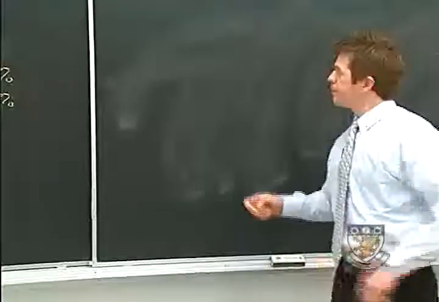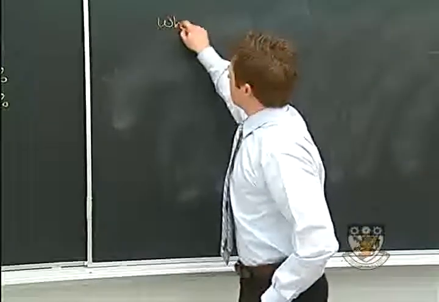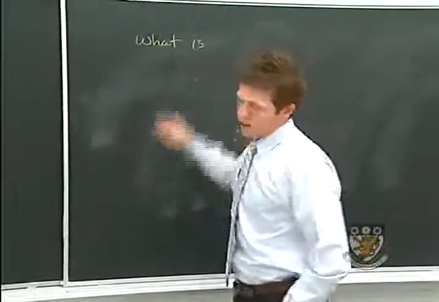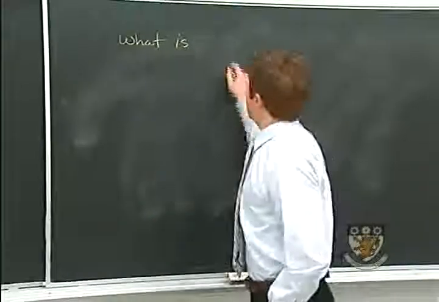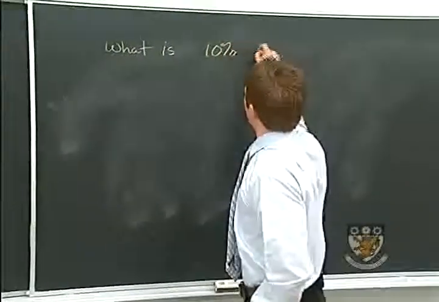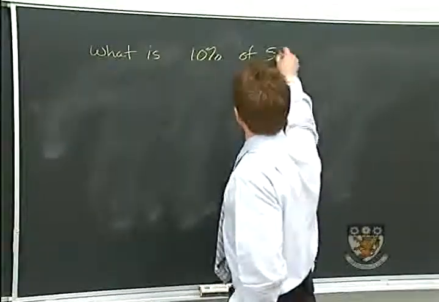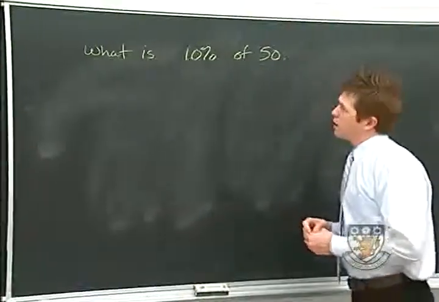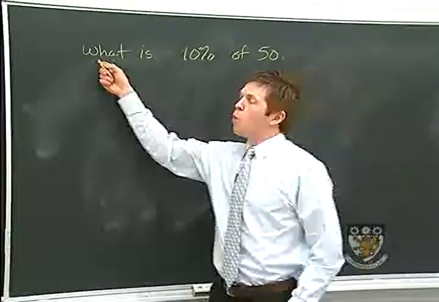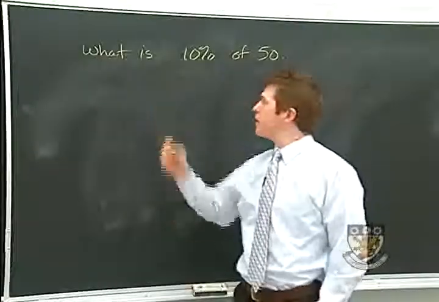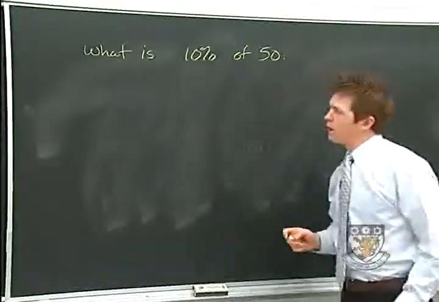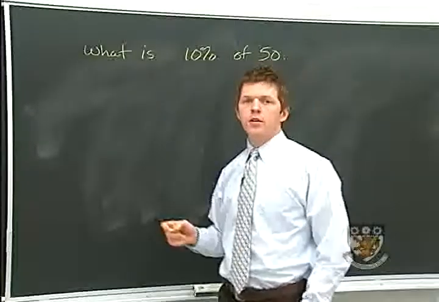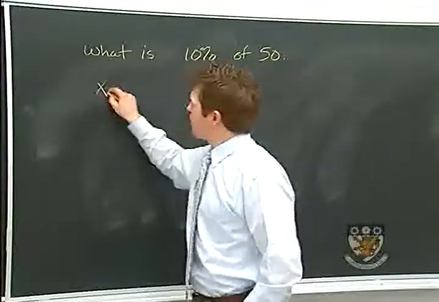For example, what is, and I'll write this down so you can see it, what is 10% of 50? Now, our clue words. Typically you'll see what number or what is 10% of. Now, if they say what number, that means x.